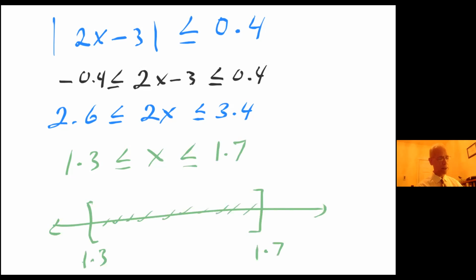All right, let's do one that has a little bit more work to do. Suppose I have 7 times absolute value of x plus 2, plus 5, greater than 4. Now, it would be a mistake for me to say that all this is between 4 and -4, because we must isolate the absolute value.